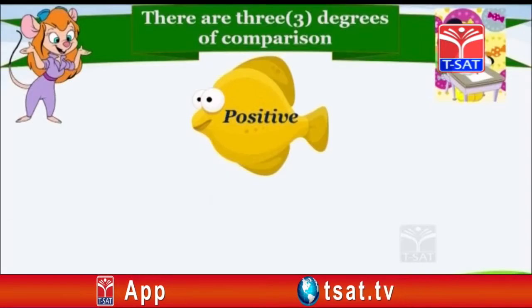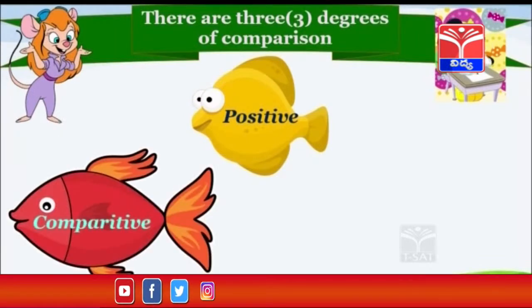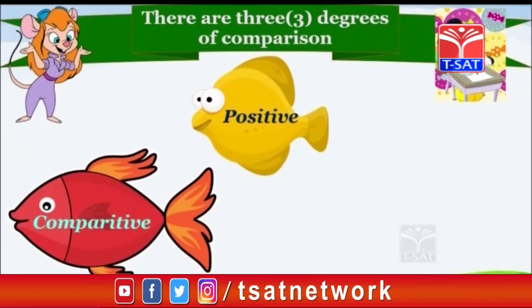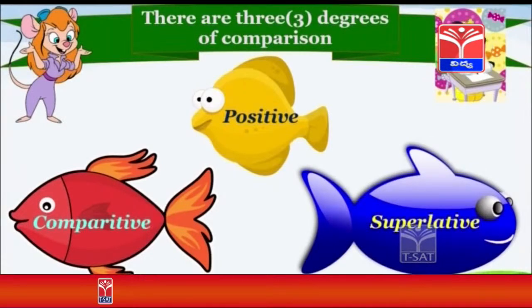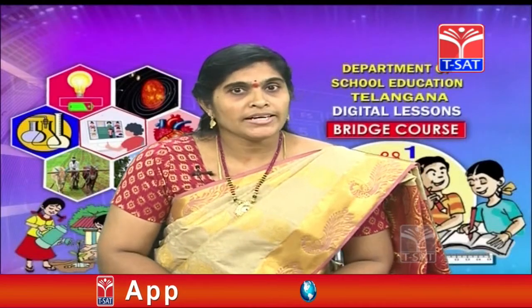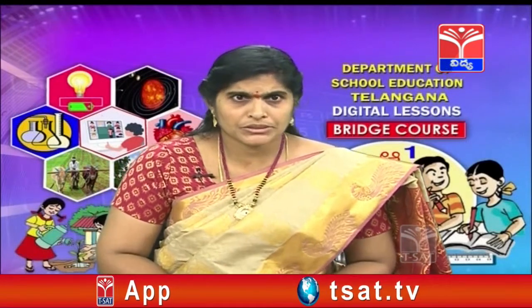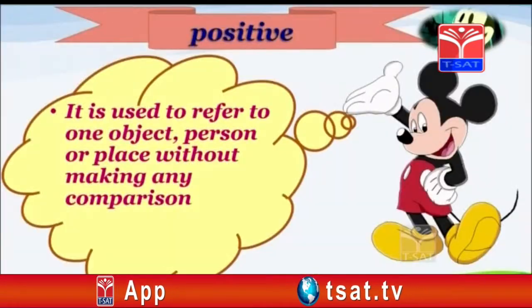The first degree of comparison is the positive degree, the next one is the comparative degree, and the final one is the superlative degree. So let's know what a positive degree is. Have you ever heard this word, children? Okay, let's see.